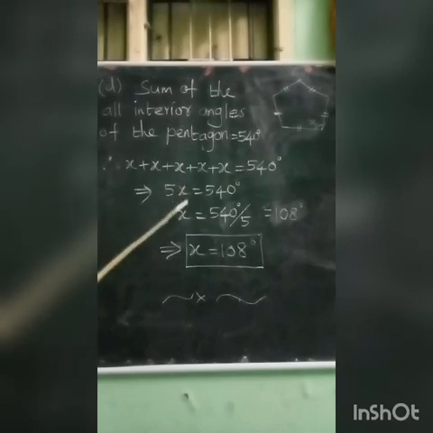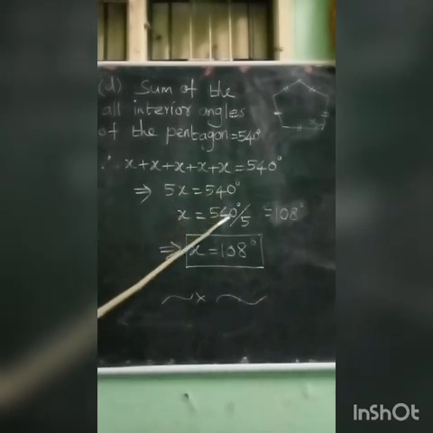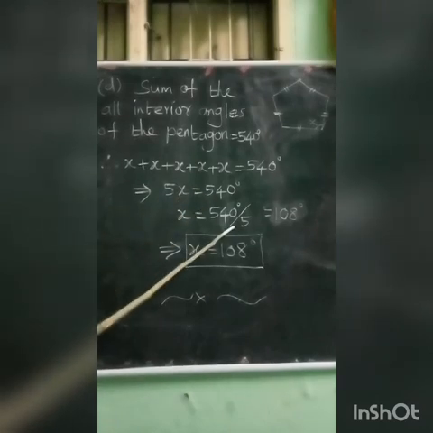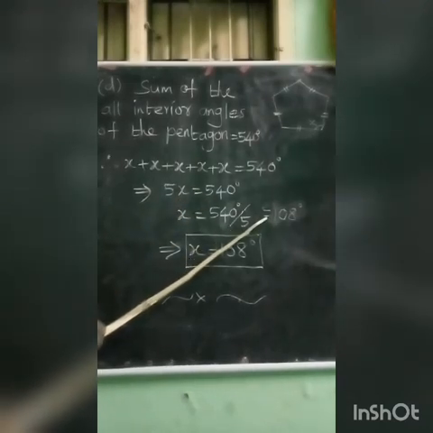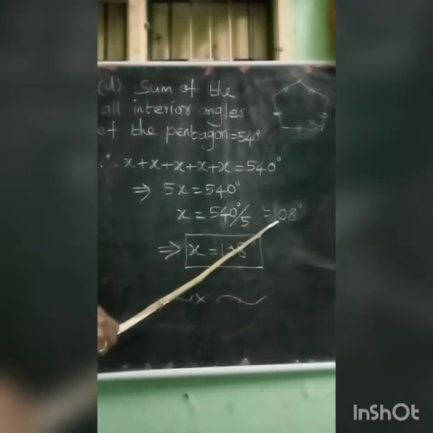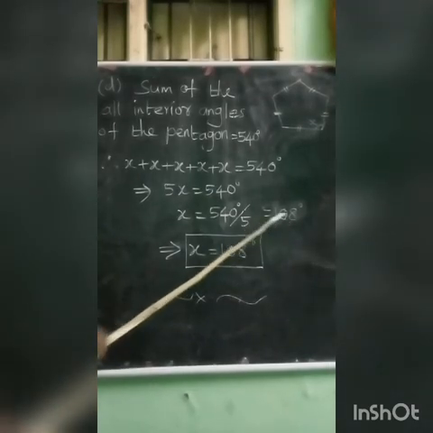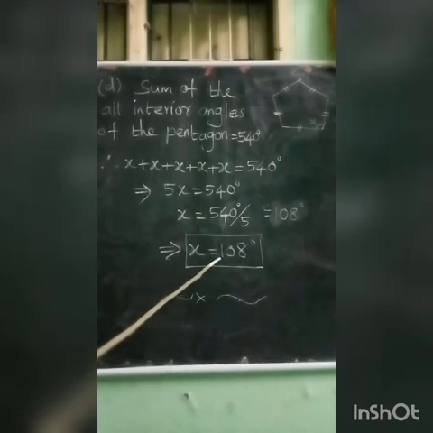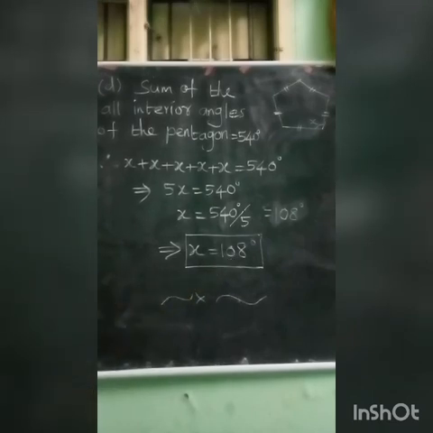Then x equal to 540 degree divided by 5. Transposing this 5 to the right hand side, dividing 540 by 5, we get 108 degree. Now our unknown measure x is 108 degree. Okay, thank you.